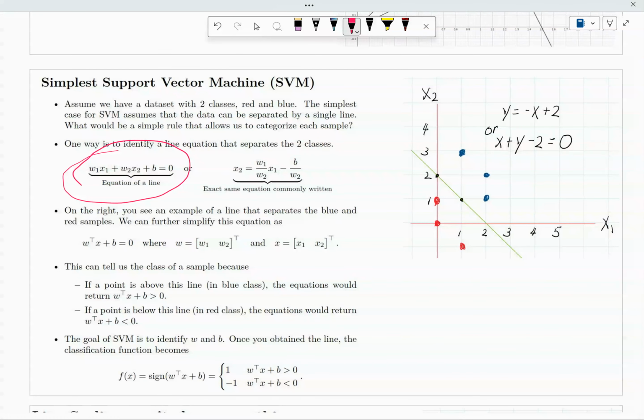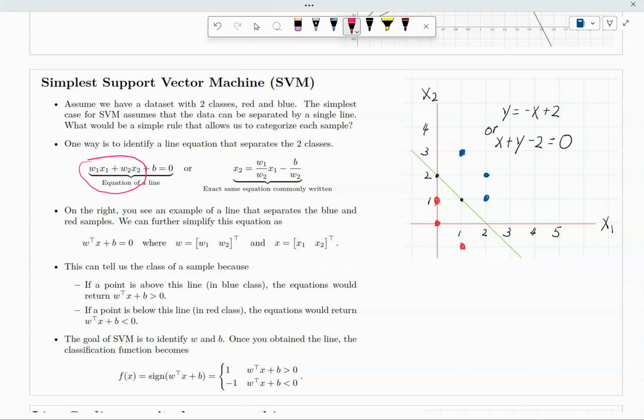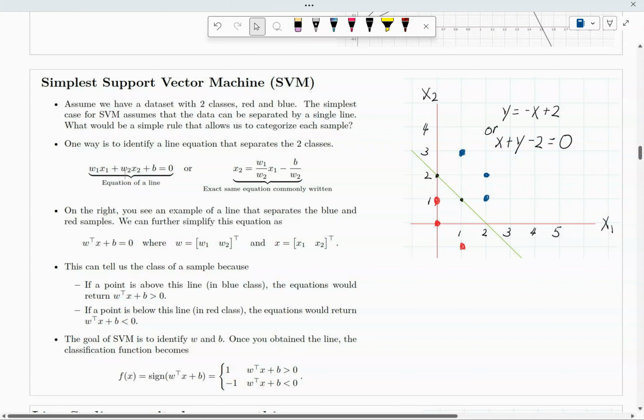Okay, so on the right, you can see the example of a line that essentially separates the blue and the red. Now over here, the reason why we like to write it this way is because we're not necessarily only going to deal with two dimensions. We may have more than two. So here's two, then sometimes we may have three, we may have four.